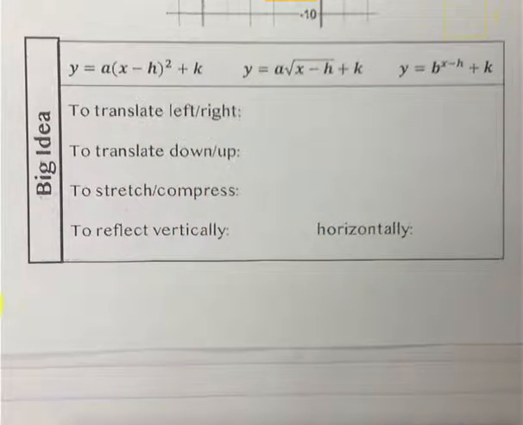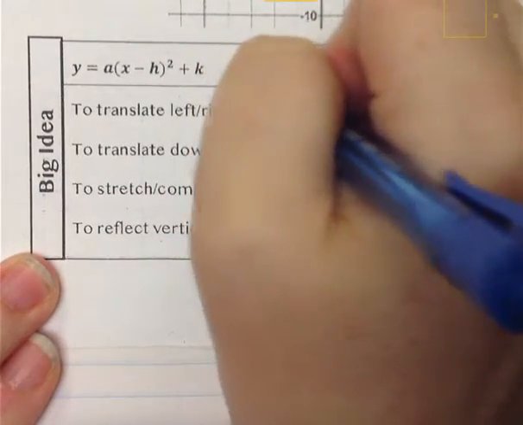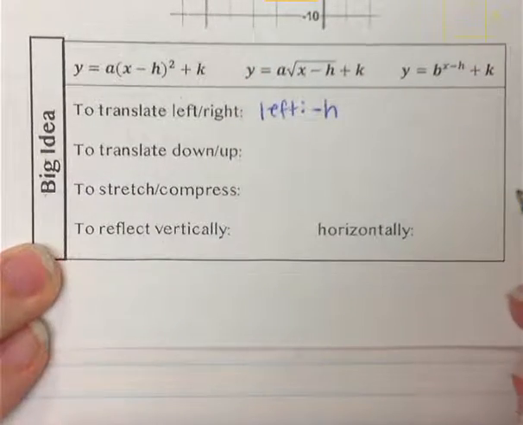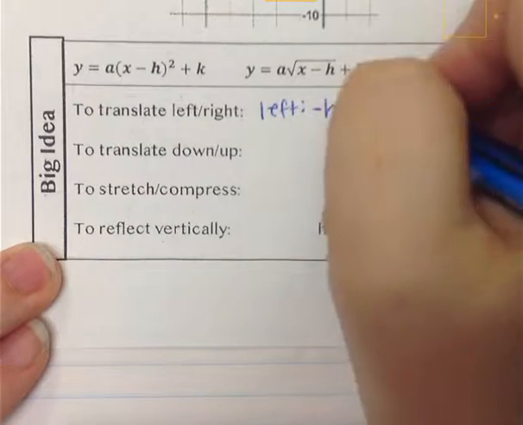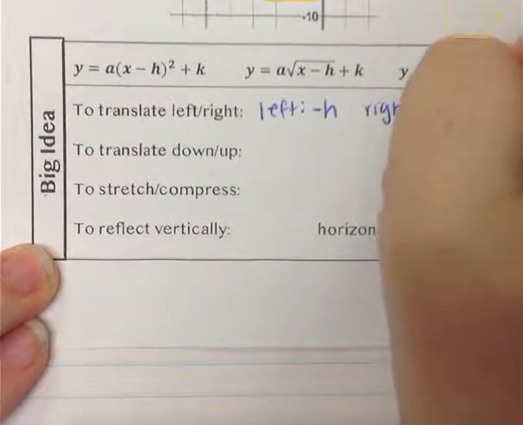So to translate left, your h must be negative. So you'll have a negative h because that's your horizontal movement. And to translate right, you'll end up having a positive h.